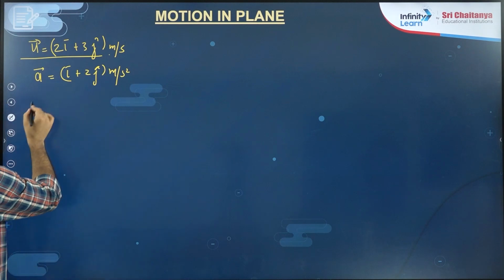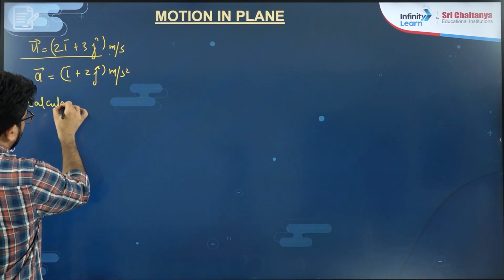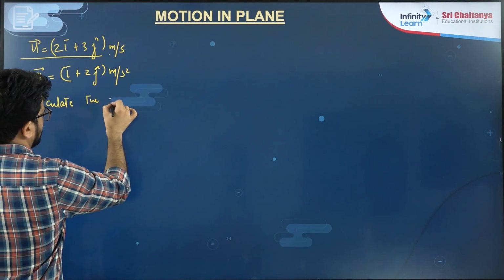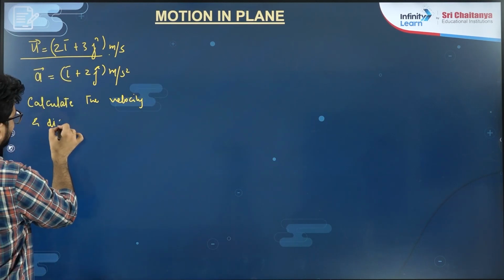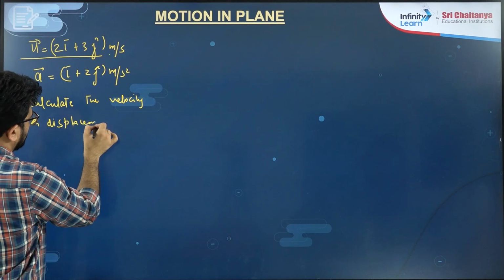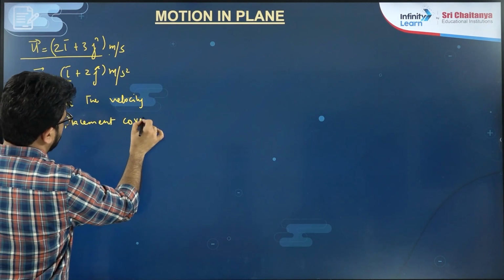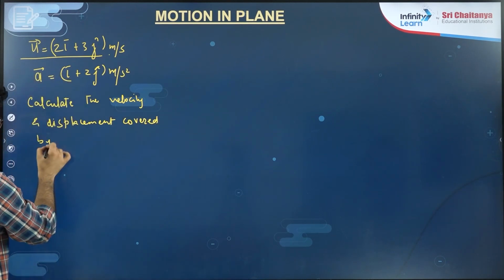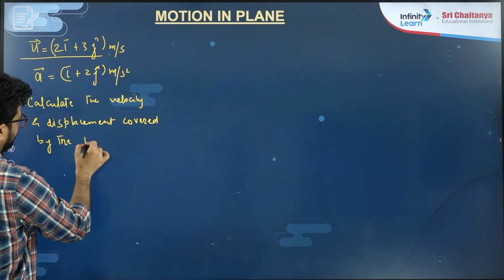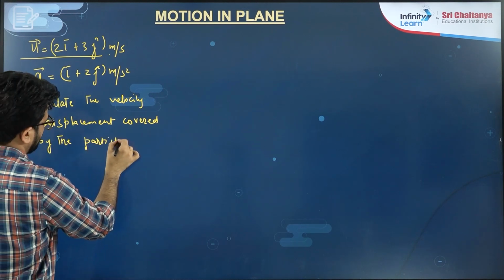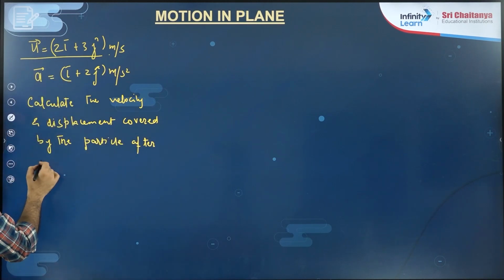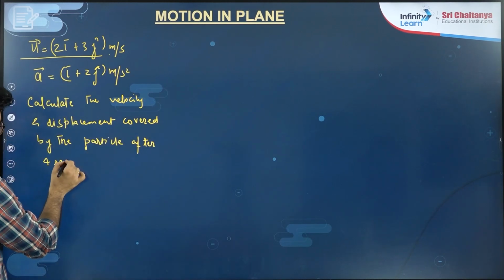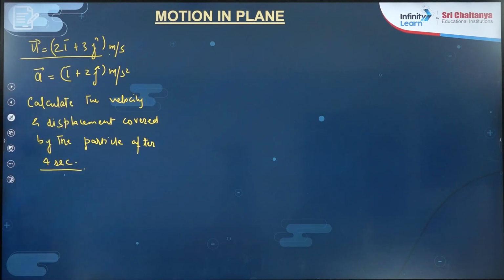So I want to calculate the velocity and displacement covered by the particle after 4 seconds. It's a very basic question I'm just giving you to understand the concept. Okay, so how can we solve it?